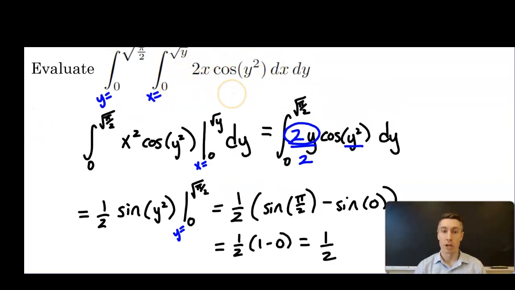If we look at this function, some of you may have recognized that it could have been separated as 2x times cosine of y squared, which over a rectangular region we treated as a separable double integral and separated into two single integrals. Over more general regions, once variables start to become incorporated in the inner bounds of integration, we no longer can separate double integrals.